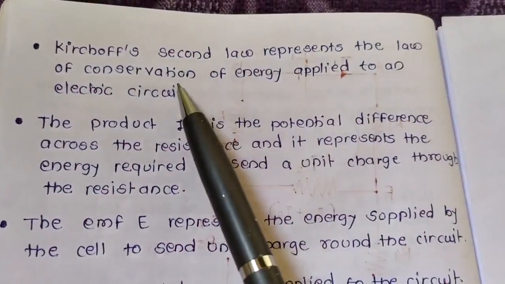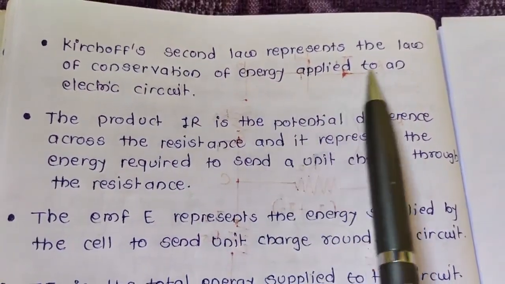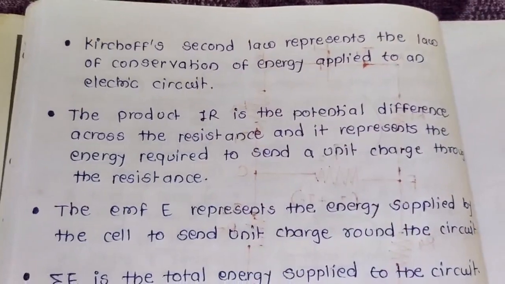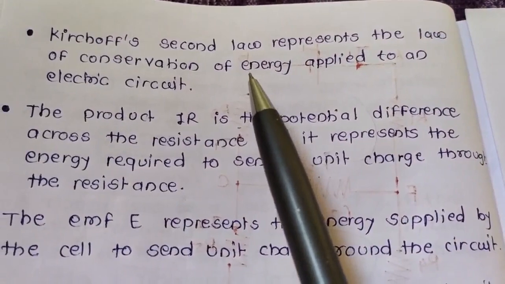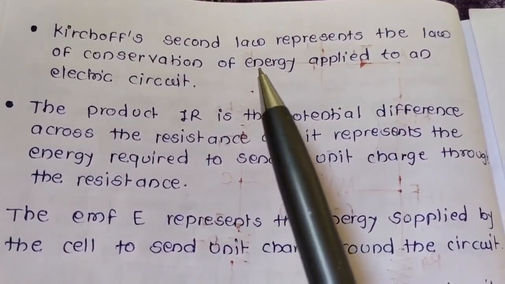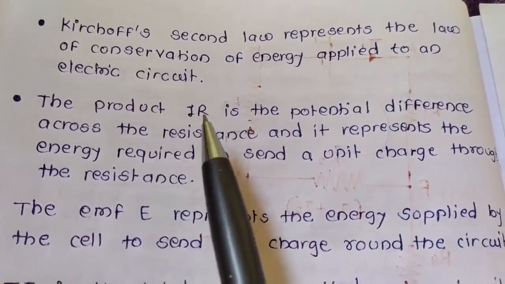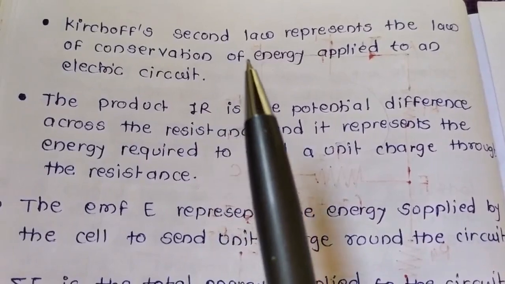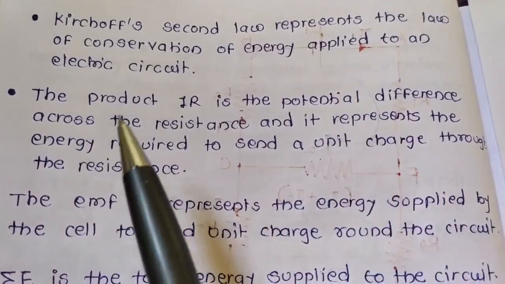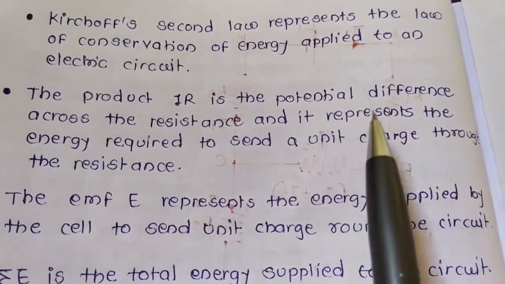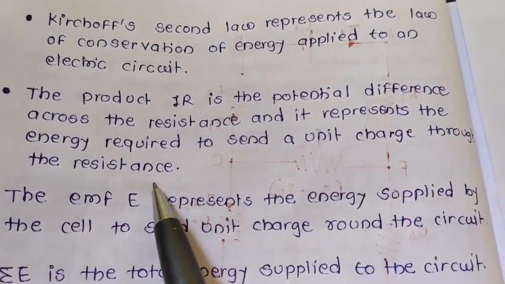Now see, Kirchhoff's second law represents the law of conservation of energy applied to an electrical circuit, whereas Kirchhoff's first law, KCL, follows the principle of conservation of charge. Then the product IR, V equal to IR according to Ohm's law, is the potential difference across the resistance, and it represents the energy required to send a unit charge through the resistance.